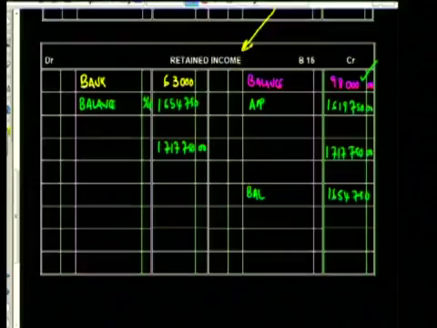However, at this stage, I think it's important for me to mention that there are various options when dealing with your retained income. Please make sure, once you have chosen a particular method, stick with that method and I'm sure you won't have problems. But I also want to mention that there are different methods in which you can deal with the retained income account.